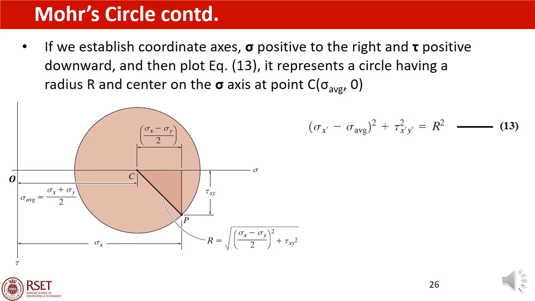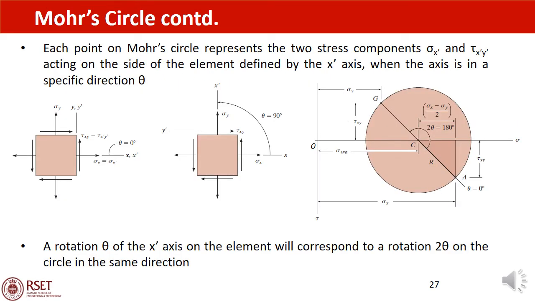This circle is called Mohr circle because it was developed by the German engineer Otto Mohr. Each point on the Mohr circle represents the two stress components sigma x dash and tau x dash y dash acting on the side of the element defined by the x dash axis when the axis is in a specific direction theta.